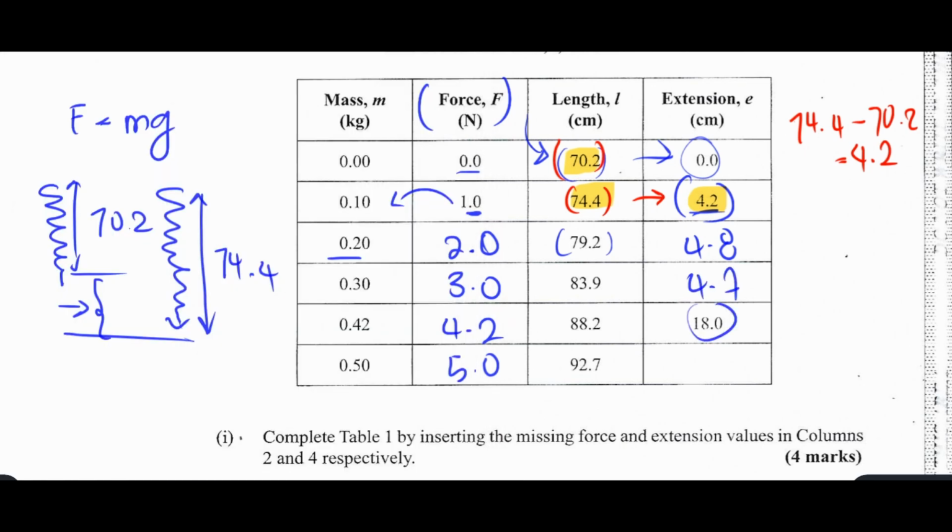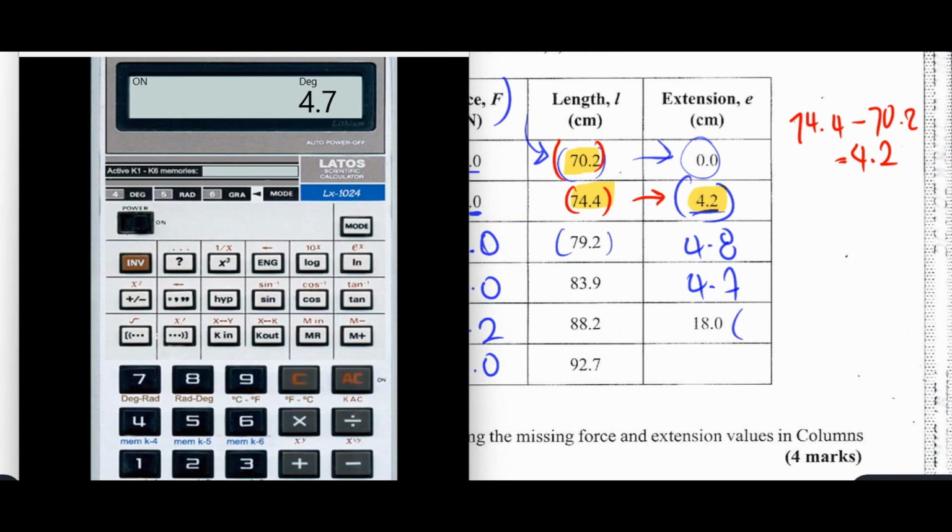This 18.0 here is a huge mistake, and we're going to plot the point, but we aren't going to pull our line through it. We'll see that later. So the real extension should have been, let's work it out, 88.2 minus 83.9, which is 4.3.